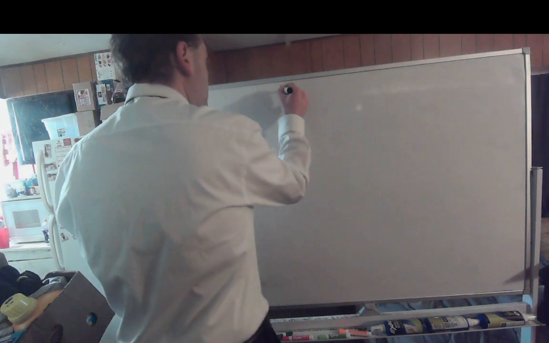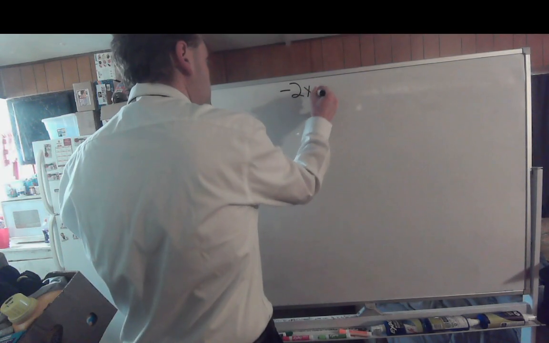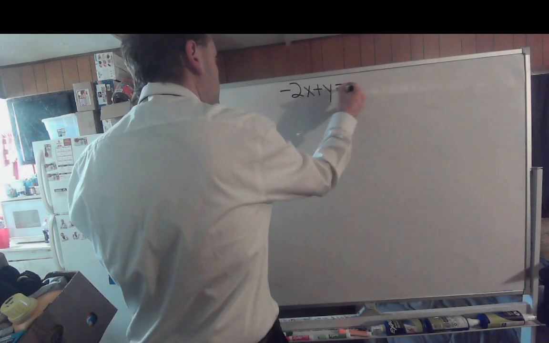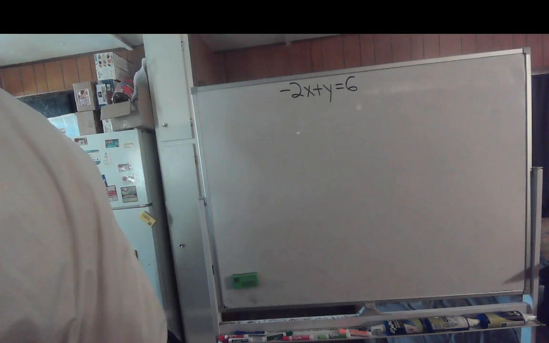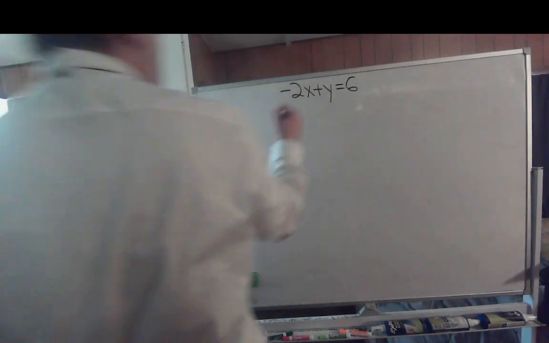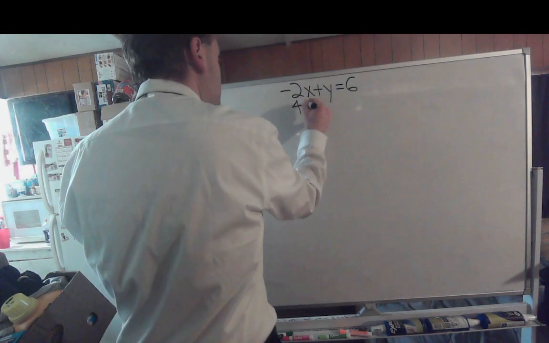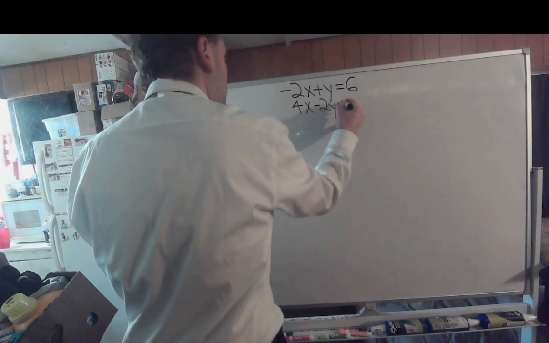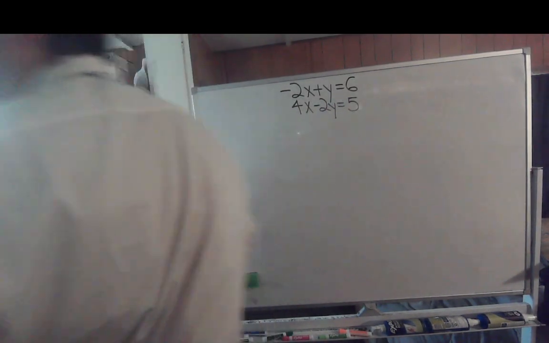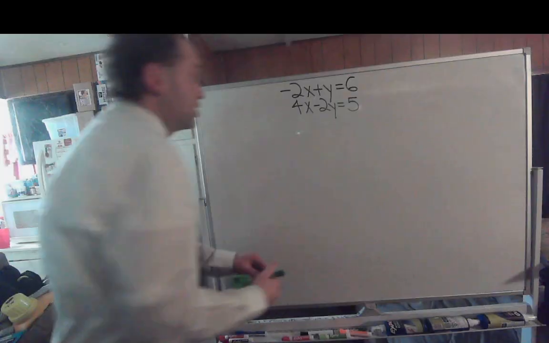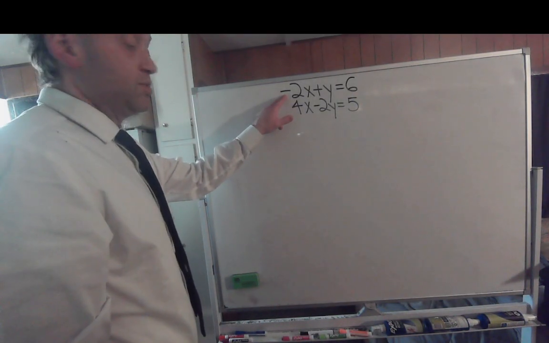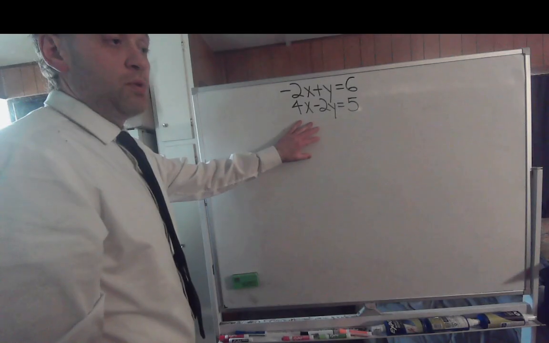Alright, what if we had something like negative 2x plus y is equal to 6, then we have 4x minus 2y equals 5. So we have the system here where negative 2x plus y equals 6, and then 4x minus 2y equals 5.